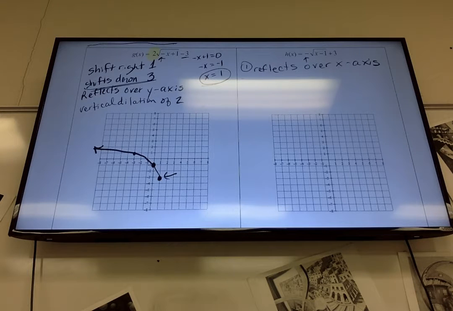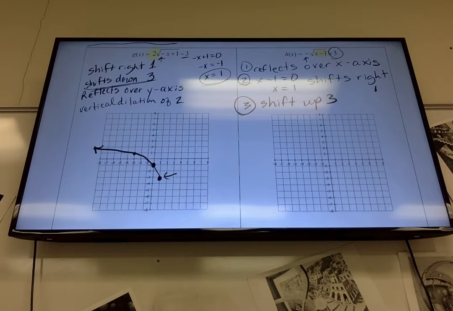And then what's inside that part, that x minus 1, set that equal to 0. That's telling you how far it will shift. Since it's a positive, it would go to the right one. And then this last part, the plus 3, makes it shift up 3.